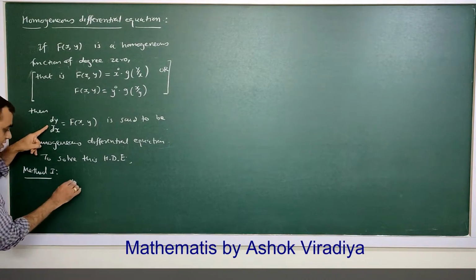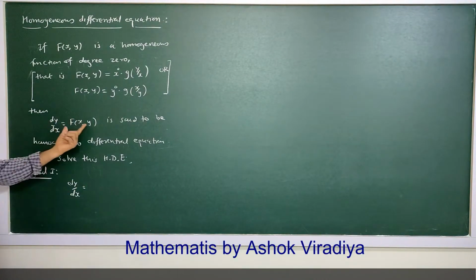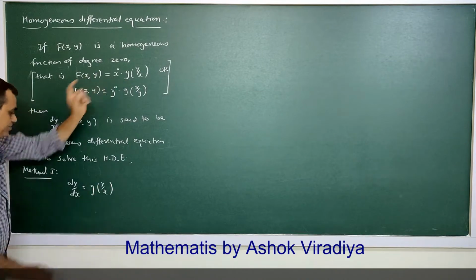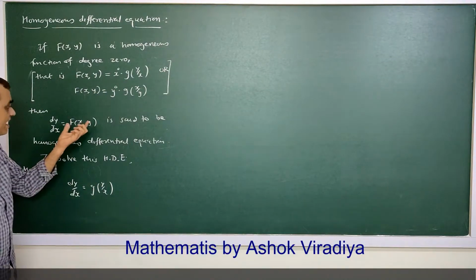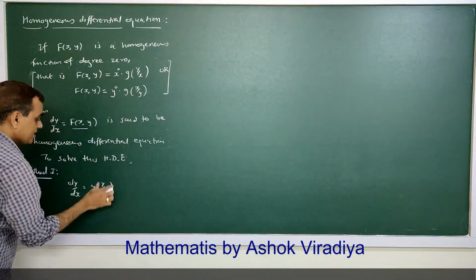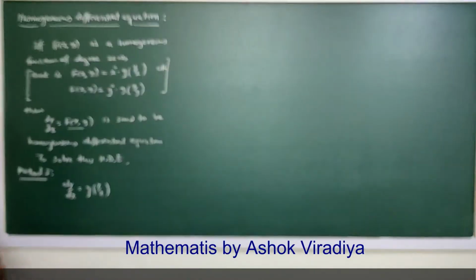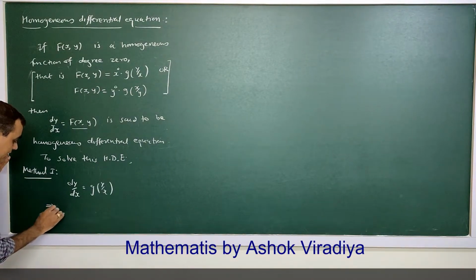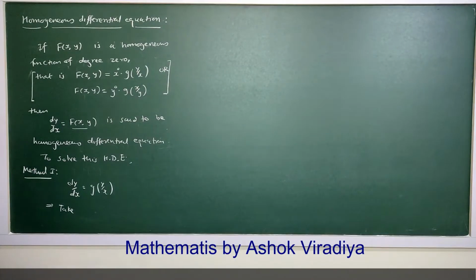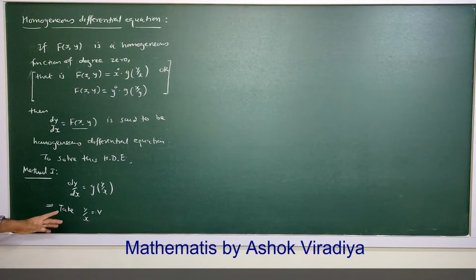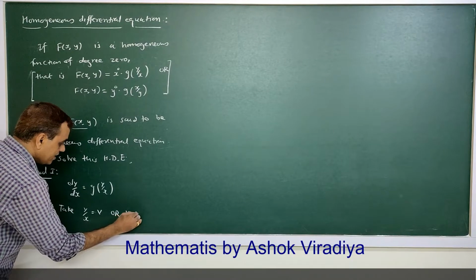dy by dx equal to f of xy, and if f of xy is g of y by x, say this is equation 1, if this homogeneous function is expressed as a function of y by x, then to solve this equation we substitute y by x equal to v, or we can say y is equal to vx.